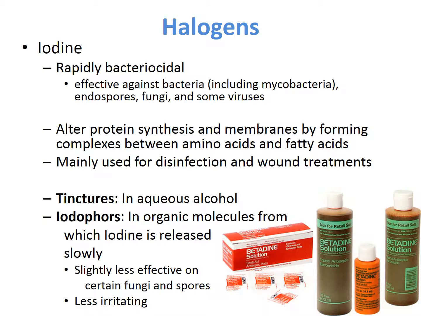And then you have your iodophores, which are the preferred version. In iodophores, the iodine is complexed to organic molecules and the iodine gets released slowly over time. This version of iodine is slightly less effective on fungi and endospores, but it is less irritating to living tissues than the tinctures are.